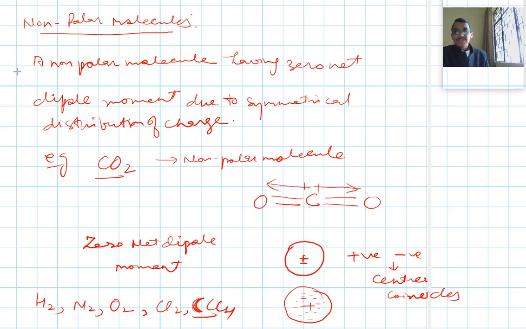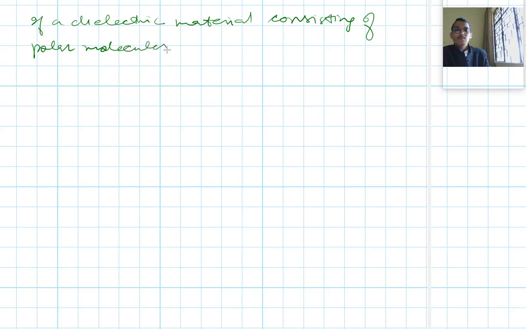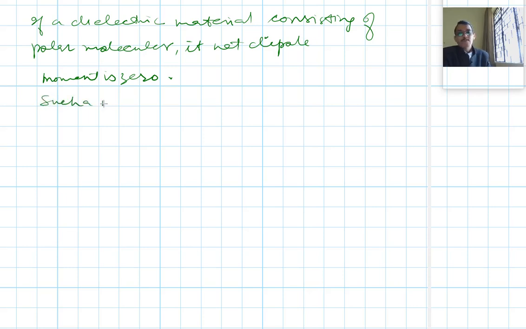So if a dielectric material consists of polar molecules, its net dipole moment is 0, and such materials are called polar dielectrics.